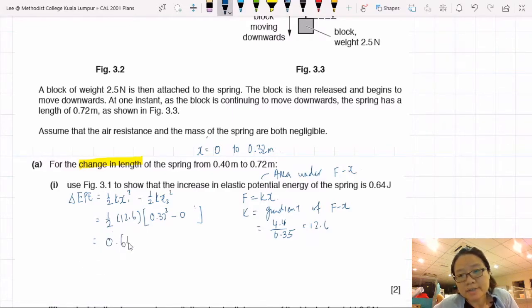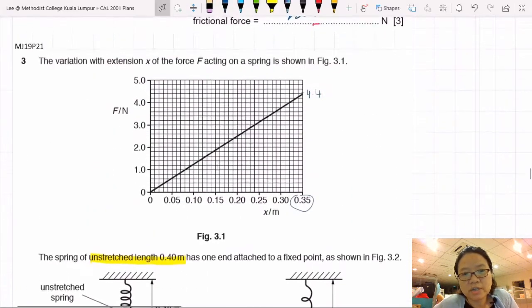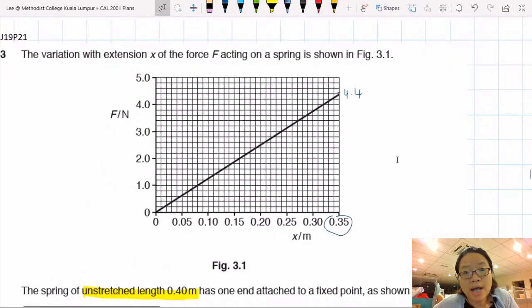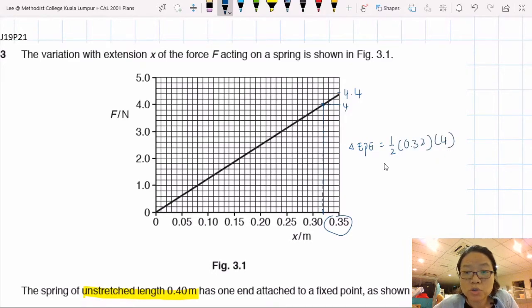Sometimes people get excited and instead of using the graph to use this. You still use the figure to find the gradient. Alternatively, we can just find the area. So 0.32 is your final extension, and if I check, this is 4. So change in EPE is actually this area, the triangle, from 0 to 0.32.